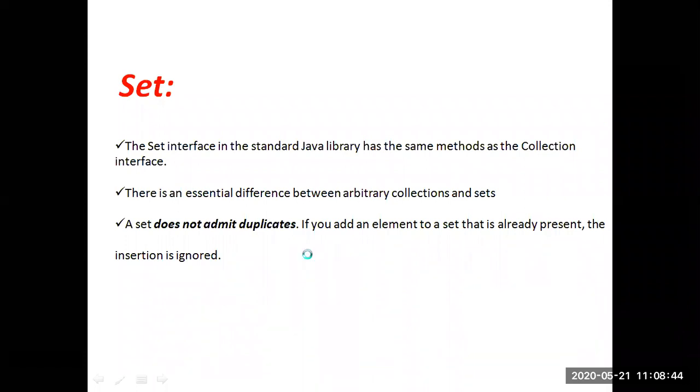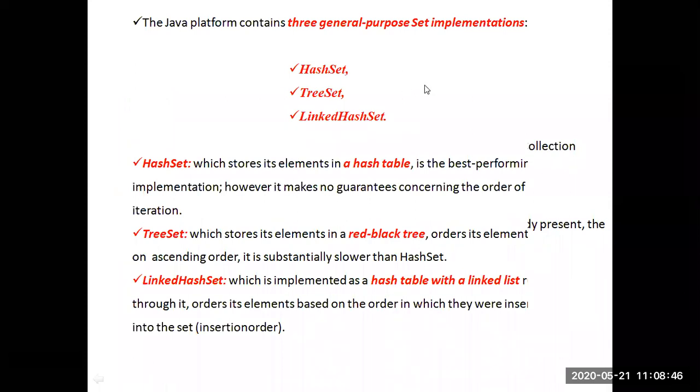In the Java collection we have three different classes available to implement the Set interface: HashSet, TreeSet, and LinkedHashSet. These three classes get the properties of the Set interface.